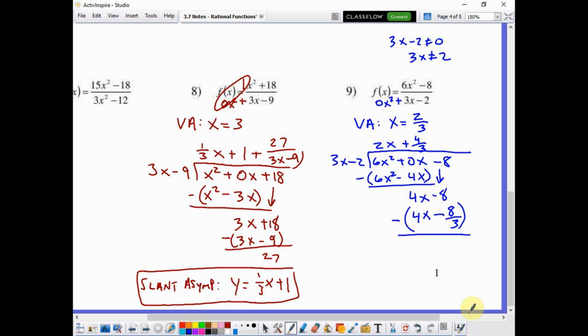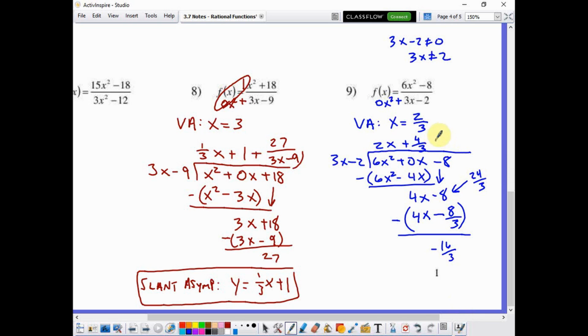Negative 8 minus negative 8/3. Now 8 is the same as 24/3. So I've got negative 24/3 minus negative 8/3, and that is negative 16/3. So that's my remainder.